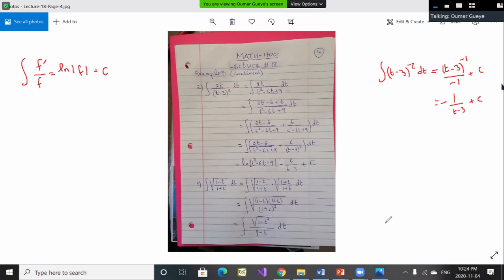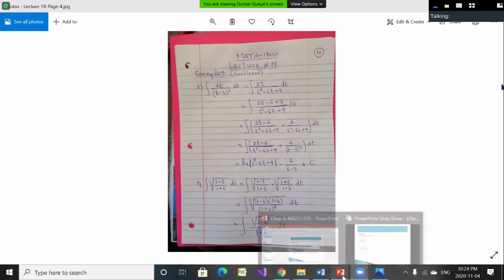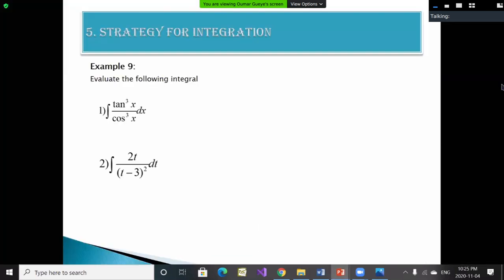All right, third example. If you don't have questions, I'm going to erase this. For the third example, we have the integral of the square root of (1 minus t) over (1 plus t).